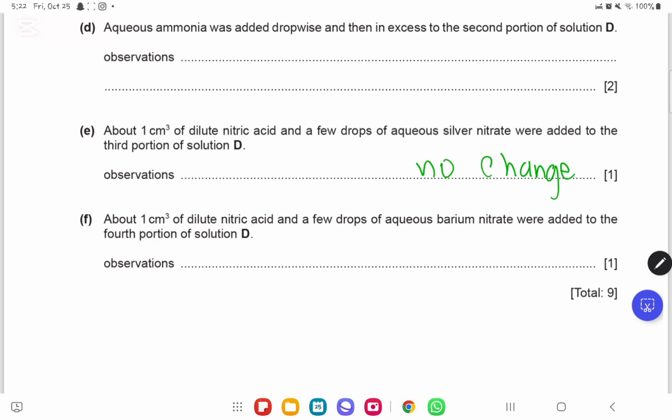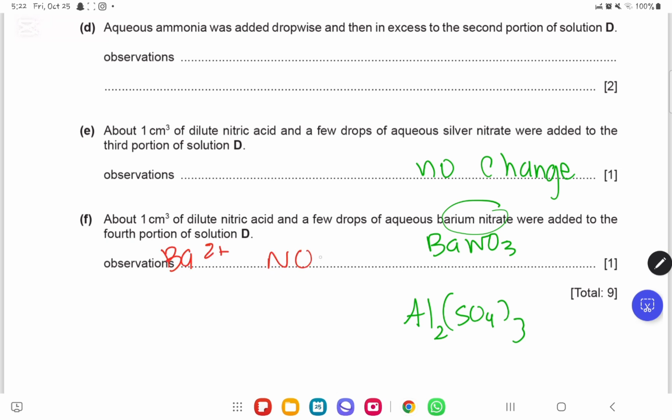Then finally, part F. They added barium nitrate, which is Ba(NO3)2, to Al2(SO4)3. By taking their ions, we have Ba2+ and NO3-, and then we have Al3+ and SO4 2-.